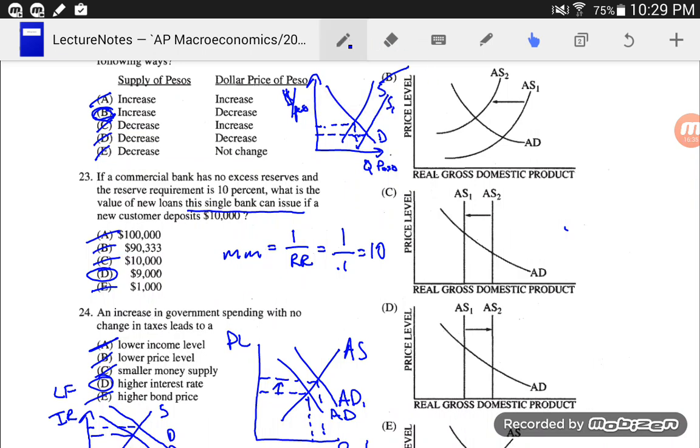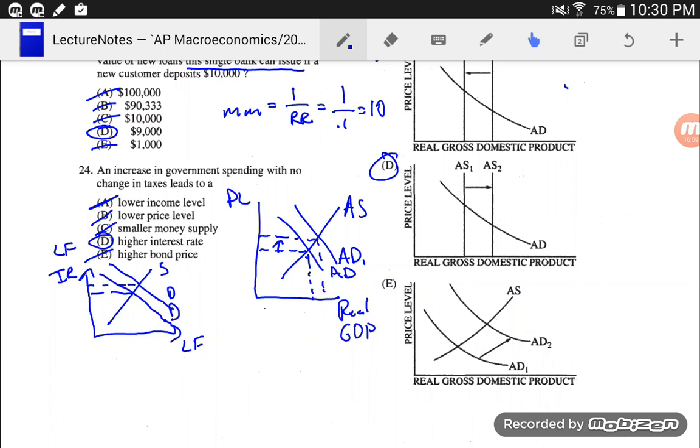And this is another shift back in aggregate supply. This looks more like the long run aggregate supply, but that's actually decreasing, so I don't like that. I do like this increasing aggregate supply, and again that perfectly vertical one generally would be the long run aggregate supply, and if the long run aggregate supply is moving over, that means our potential GDP is increasing.